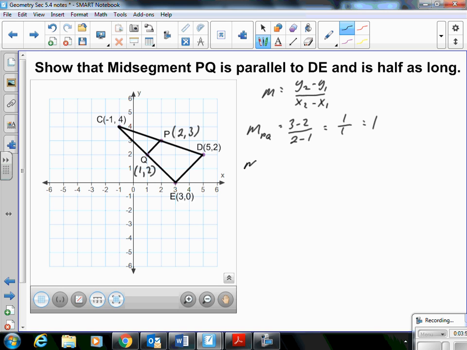Then we want to do the same thing for DE. For the y's, you've got a 2 and a 0, so 2 minus 0. And then 5 and 3 for the x's, so 5 minus 3. Which will give us 2 over 2, which reduces to 1.